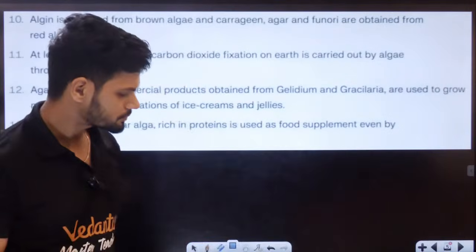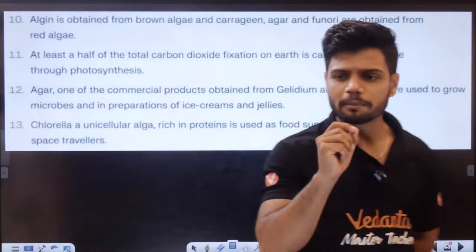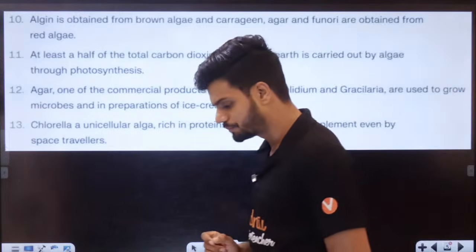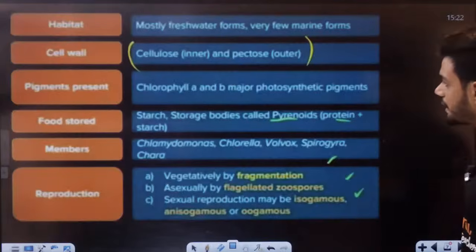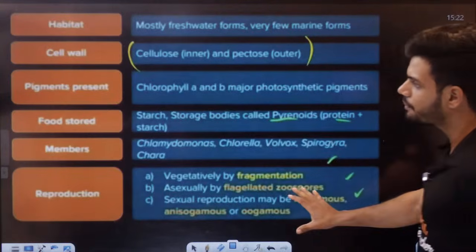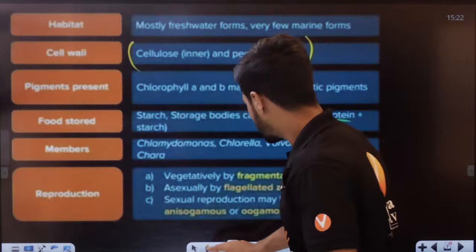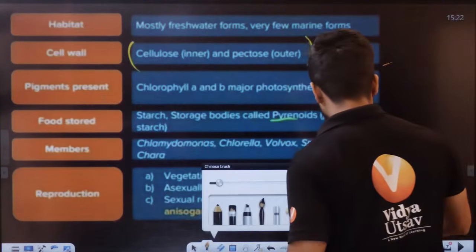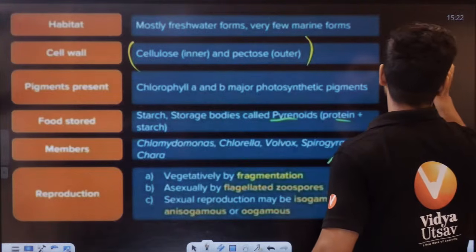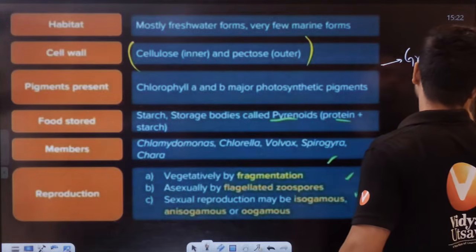Now students, let's understand. I have made a table for all of you for quick revision. All the information you need is here. This one is for your green algae.